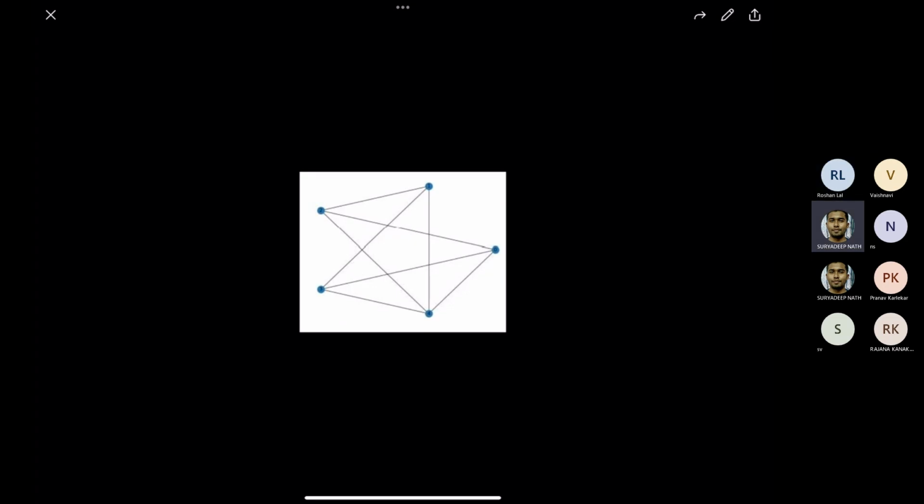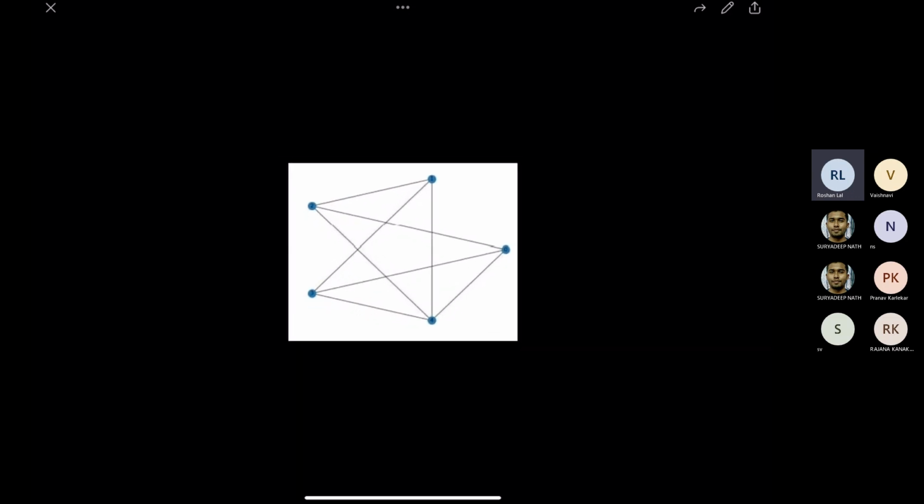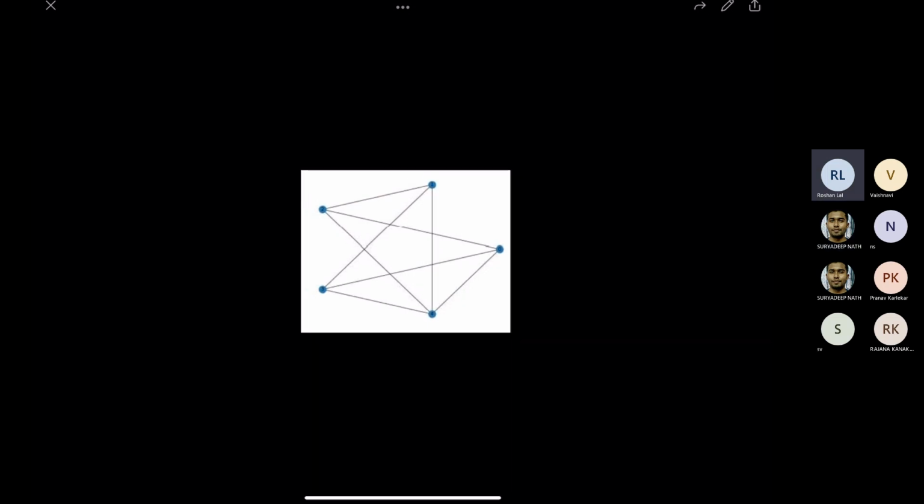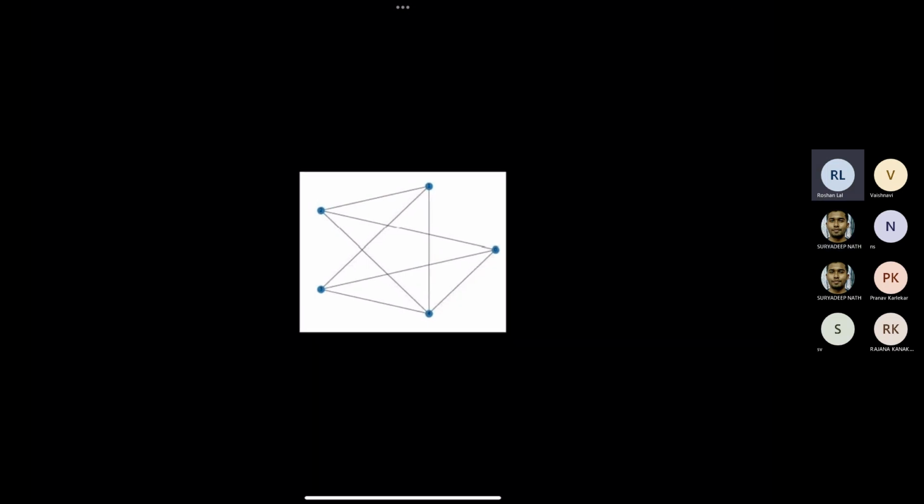Here in the graph, there are 8 edges, so 8 by 5C2, that is 8 by 10. So the answer is wrong in this case, sir. I have checked this question. Yes, the answer will be 8 by 10, sir.